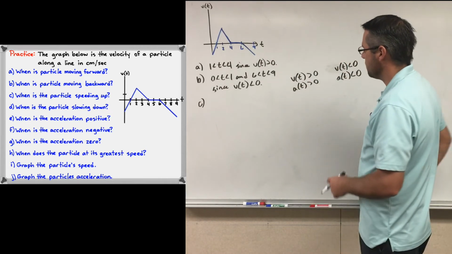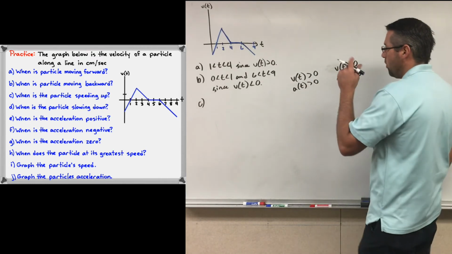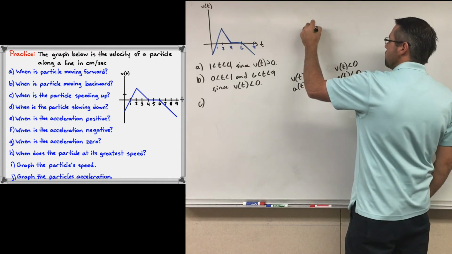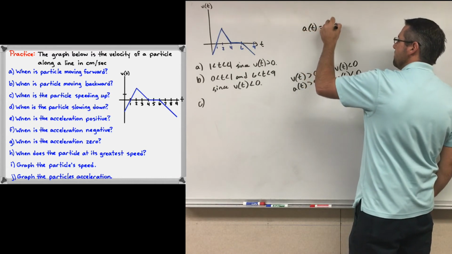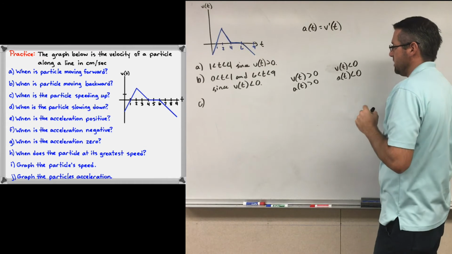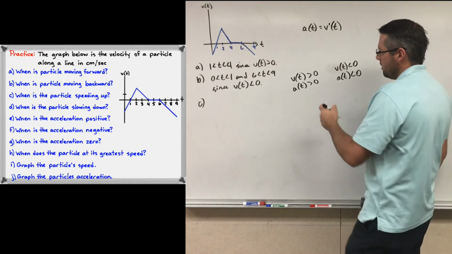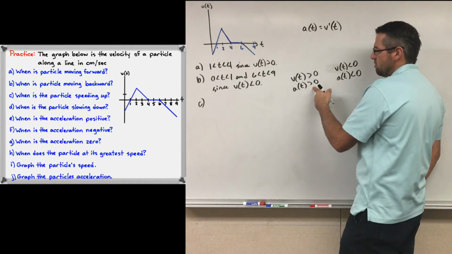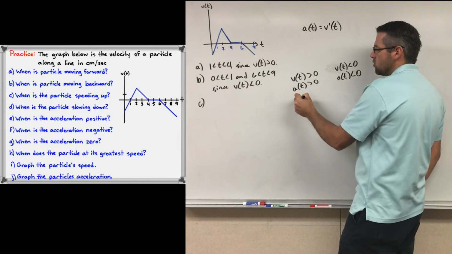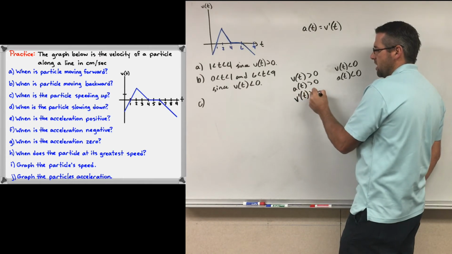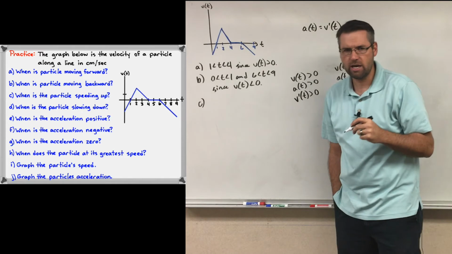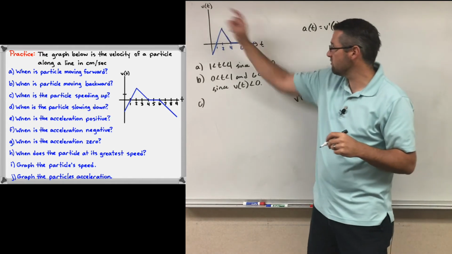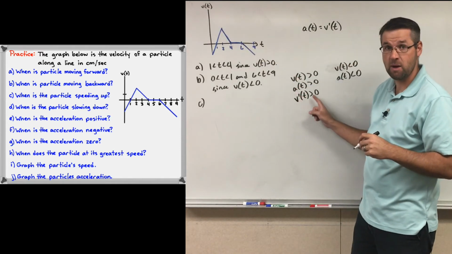How do I know when acceleration is positive? Well, remember that acceleration is the derivative of velocity, okay? So when I'm asking when acceleration is positive, I'm asking for when the derivative of velocity is positive.